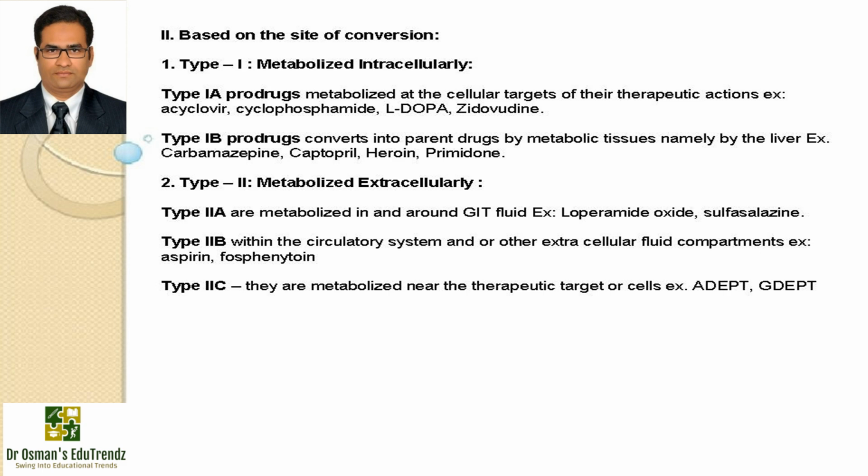Examples are aspirin, fosphenytoin. We have type 2C also, which are metabolized near the therapeutic targets or cells. Examples we have are antibody directed enzyme prodrugs or gene directed enzyme prodrugs.